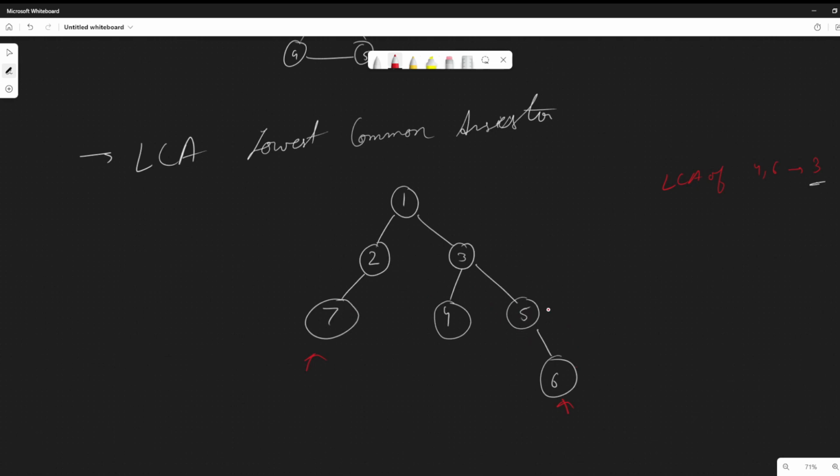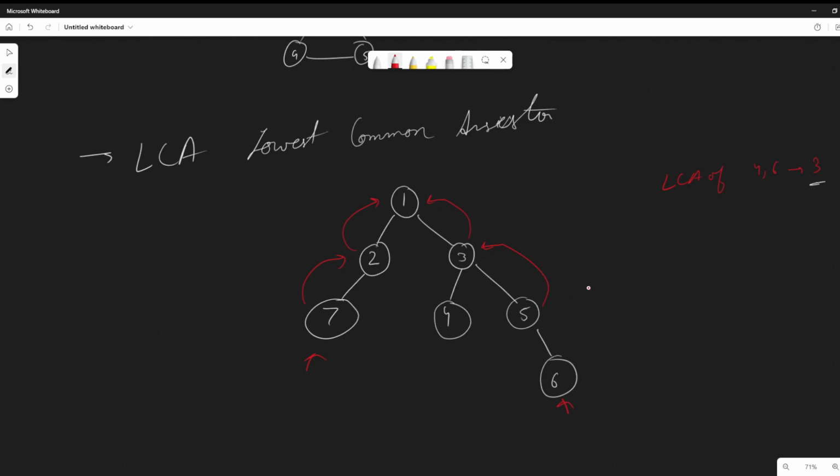Nope. Again we go back. 3 is connected with 6, 7, no. We have to travel both sides. 2 is connected with 6, nope. If we go to 1, yep, it is connected to both of our children. Basically 1 is connected with 7, and 1 is connected with 6 also.